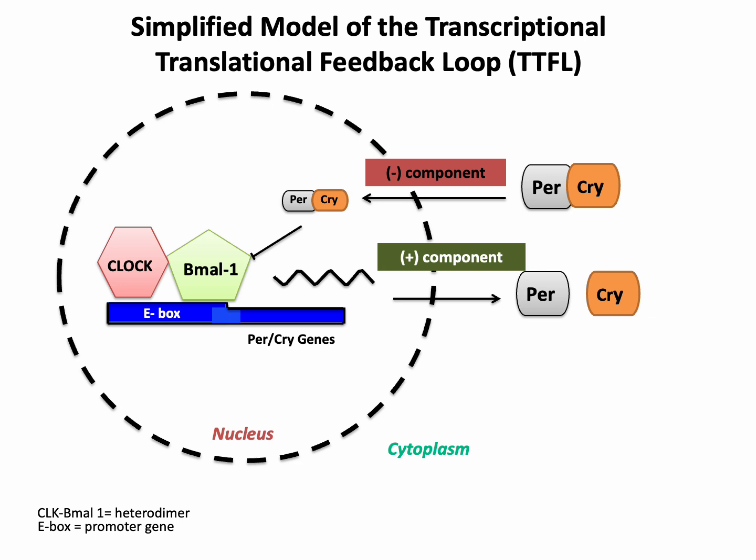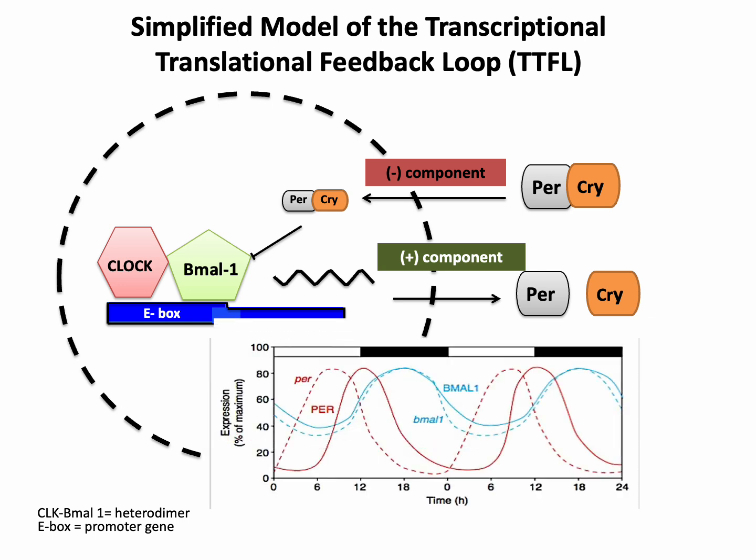This entire feedback loop takes approximately 24 hours. So if you look at the level of period or PER protein, it oscillates. It goes up and down over a period of 24 hours. It is in tune with the light-dark cycle, lowest at midnight, rising in the morning, reaching its peak at midday, and then falling back down on a 24-hour basis.